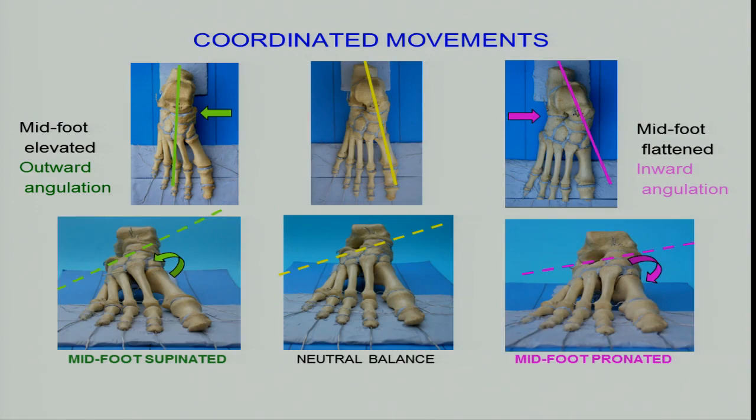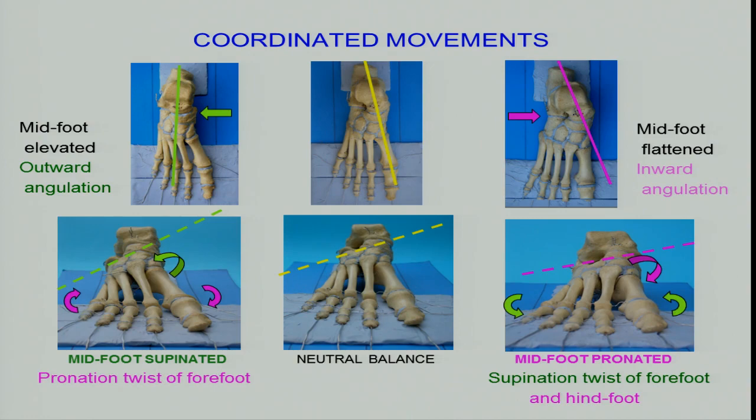Self-explanatory. Supination of the twist of the forefoot and the hindfoot on the right to compensate for pronation in the middle of the foot, and the opposite on the left, to your left.